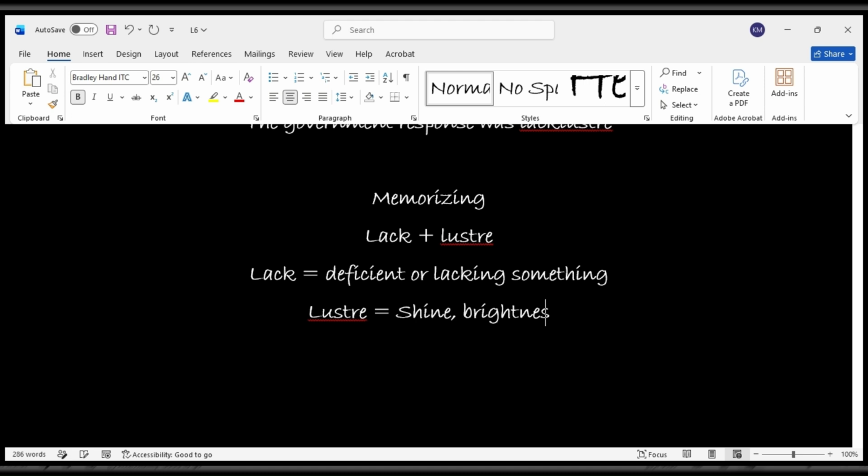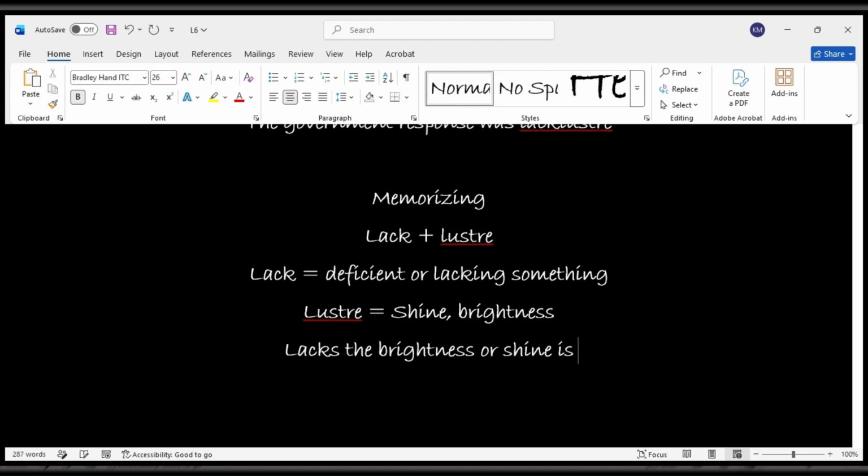So what outcome can we determine from the combination of these two? Anything that lacks brightness or shine is called lackluster.